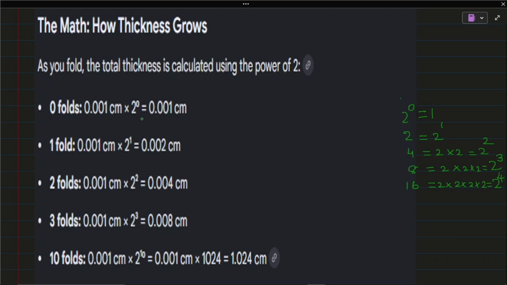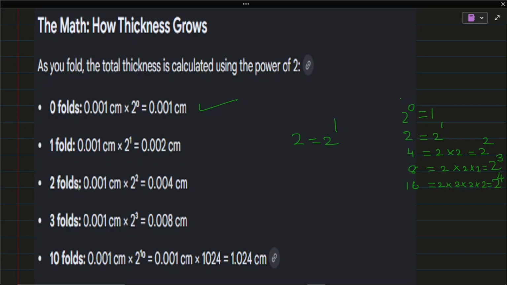In the zero fold, meaning the paper is not folded, at that time the thickness is 0.001. That is the thickness of the paper we have taken, 0.001. Now in the first fold, you know 2 layers will be there. So the thickness will be 2 multiplied by 0.001, or 2 we can write as 2 to the power 1, because 2 is the same as 2 raised to 1.